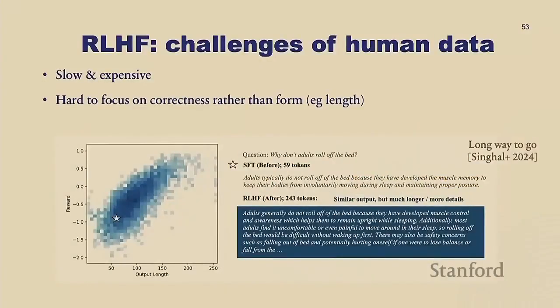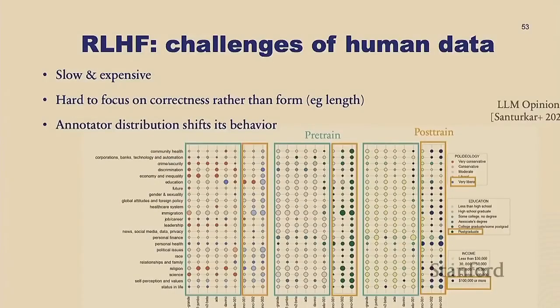What I show here is that when you do RLHF, the more you do of RLHF, the longer the output of the models becomes. So if you've ever been annoyed at ChatGPT answering you with super long sentences, this is because of RLHF. Annotator distribution shift: the distribution of annotators that you use matters a lot, and you have to think about what humans we even want to represent in these models.